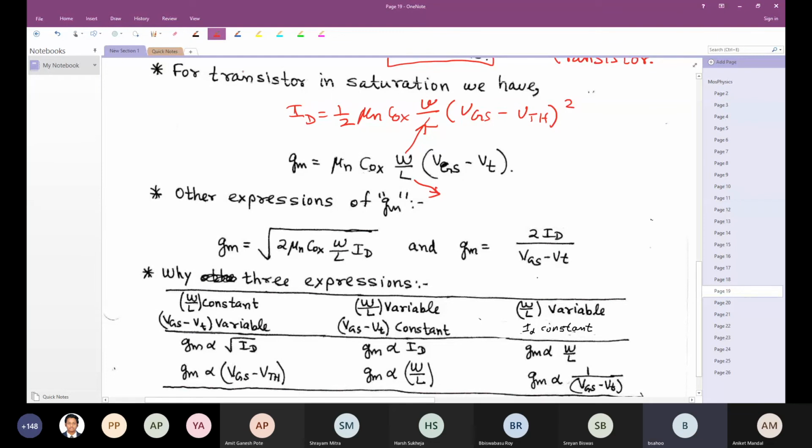So in that case, using these two expressions, you can obtain a gm expression like this and a gm expression like this. These are two alternative expressions for gm.